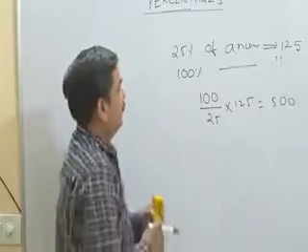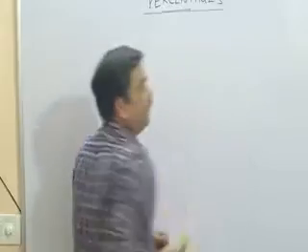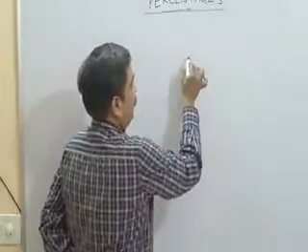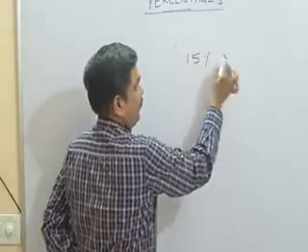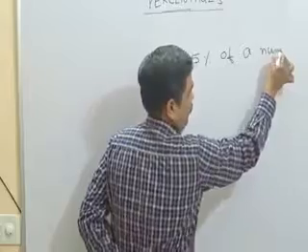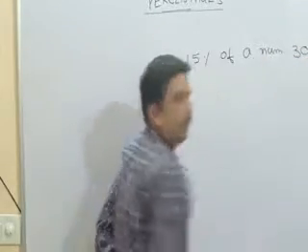Now suppose they give it in this way: 15% of a number is 300.